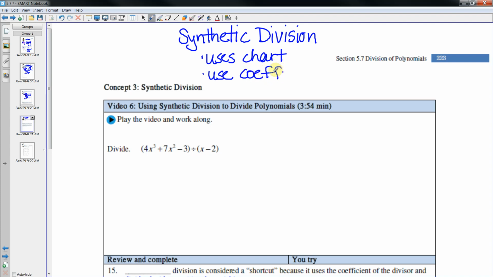And so we need to remember what our coefficients are, and coefficients are the numbers in front of our variables. And then you can only use synthetic division if you have a 1x to the 1 as your divisor. If you don't have a 1x to the 1, then you have to use long division.